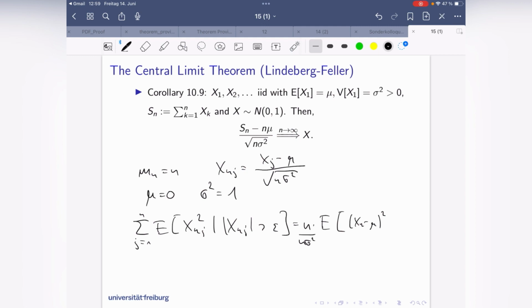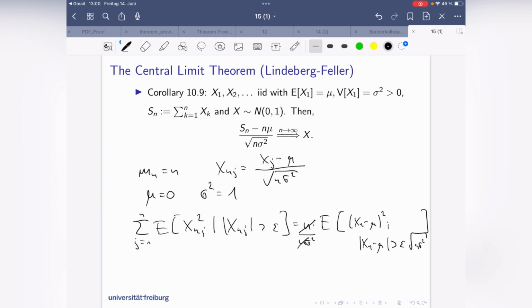And I'm having this on the event that X_nj is in absolute value bigger than epsilon, which means I'm on the event that the absolute value of X_1 minus mu is bigger than epsilon, and I'm bringing the square root of n sigma square on the other side, like this.